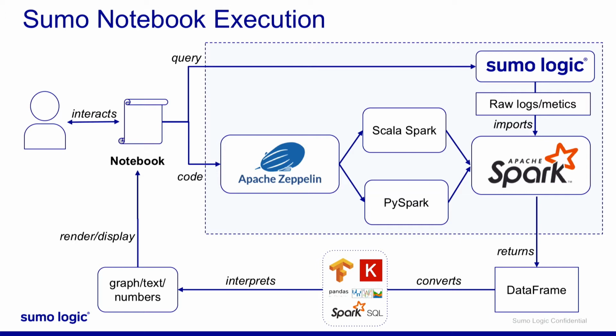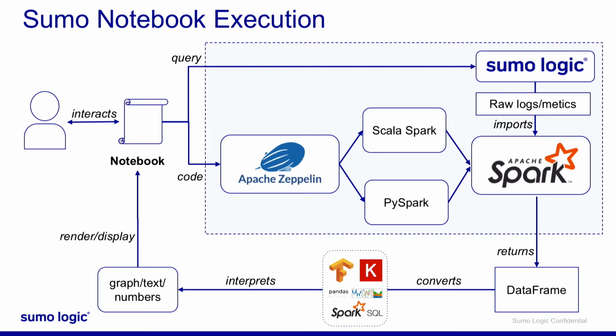Then the second pass is the code pass. So you will also have some code. This code will be submitted through the Zeppelin or the Jupiter, and then it will be executed by Spark. So we found that this is like the least common denominator of actually loading and ingesting data, and the result is the data frame.